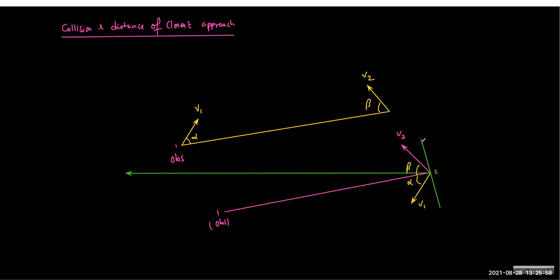If you do not want the collision, then the only way is that V2 sin beta, which is trying to take you up this way, and V1 sin alpha, which is trying to take you down, must balance. If these components cancel each other, it will have no choice but to move this way. But I'm not taking that case actually.